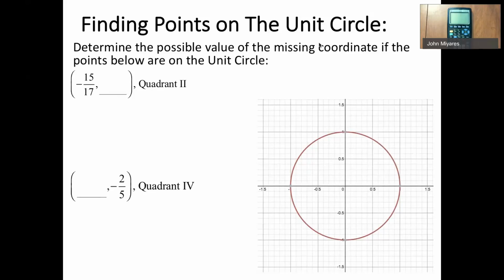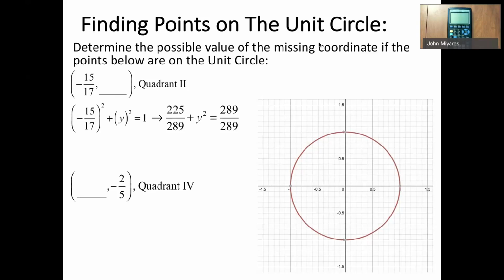All right, so in the first example, if we take -15/17 squared, you're going to get 225/289. In order to solve for y, we're going to have to move it over to the other side, but in order to combine it, we're going to need to get a common denominator, so we turn the 1 into 289/289.